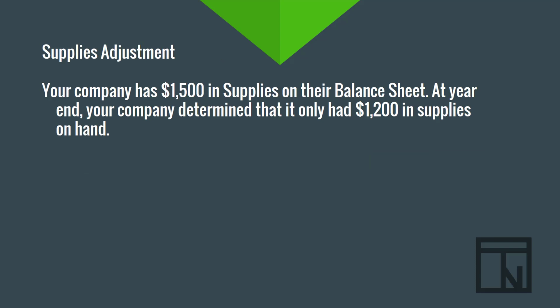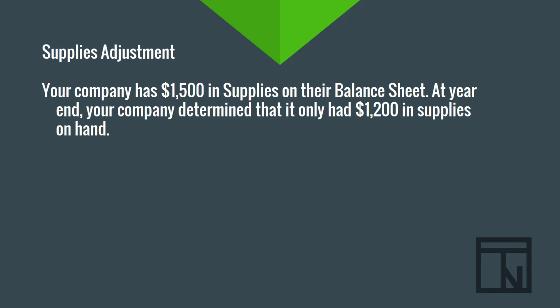So let's look at an example to understand this a little better. Let's imagine that our company over the year has purchased $1,500 in supplies on their balance sheet. At the end of the year, your company goes in and counts their supplies and checks how much they have left, and they realize that they only have $1,200 in supplies on hand at the end of the year. So we started the year with 1,500, we ended the year with 1,200.